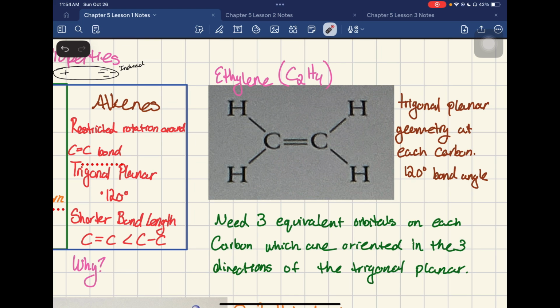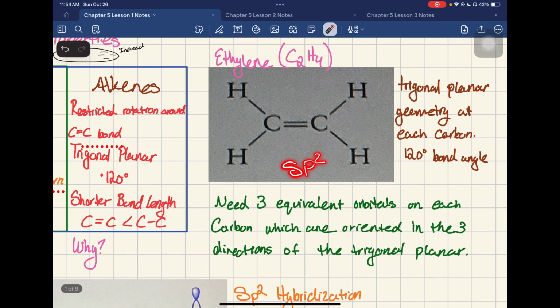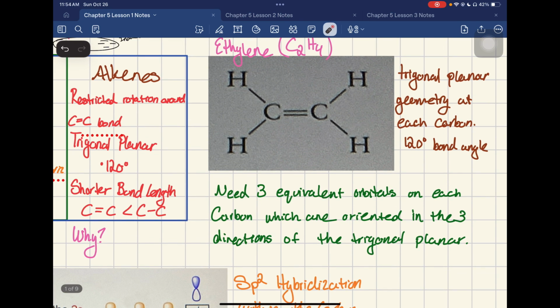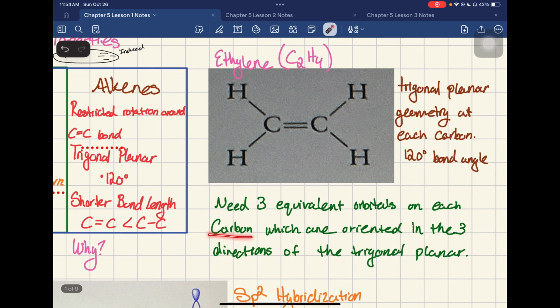So this has a trigonal-planar geometry at each carbon, and we know that because there's a single bond, single, double, which makes 3 total bonds, making it sp2 hybridized at each carbon, and that creates a 120-degree bond angle at each one. So you need 3 equivalent orbitals on each carbon, which are oriented in the 3 directions of the trigonal planar. That is pretty much what we're saying, that each of the sp2 hybridized orbitals has to point in the directions of the trigonal planar.